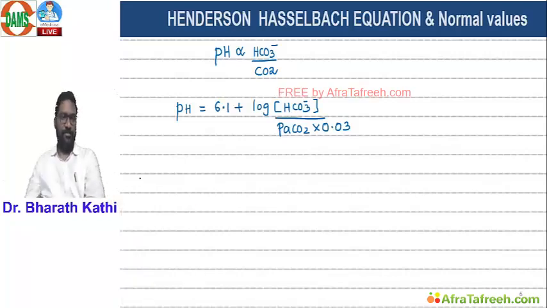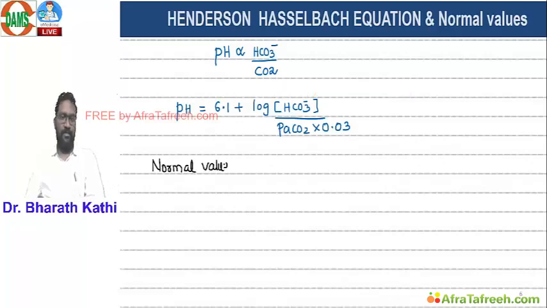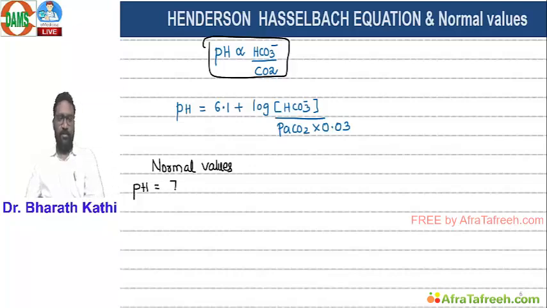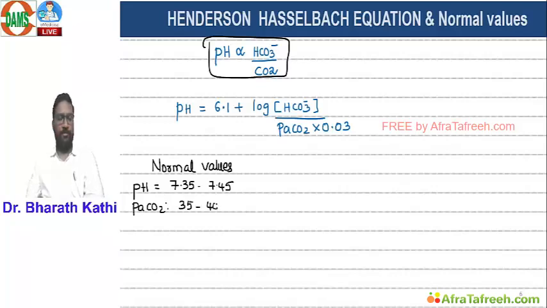Let us see what the normal values are. As I told you, for ABG analysis, these three values are very important. Let us see their normal range. pH, the normal range is 7.35 to 7.45. PaCO2, the normal range is 35 to 40 mmHg.